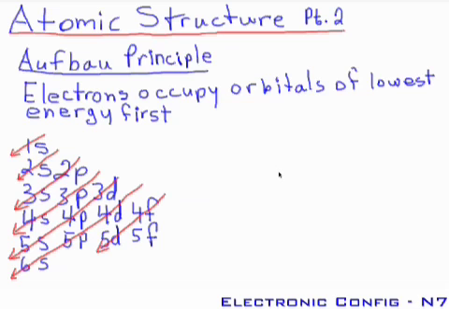Suppose I'm interested in drawing the electronic configuration for nitrogen 7. Nitrogen has an atomic number of 7, which we recall means that nitrogen has 7 protons. In order to be neutral, I must add 7 electrons to the bare nucleus. Where do I put those electrons? Well, all I have to do is follow the diagonals to get my order.